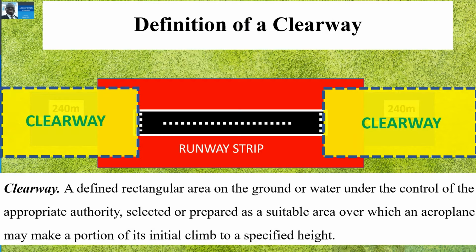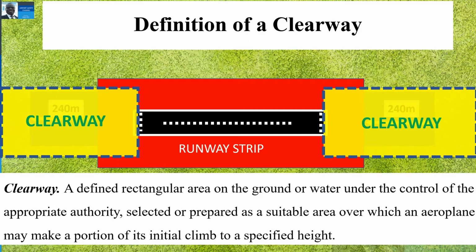So the definition of a clearway is a rectangular area on the ground or water under the control of the appropriate authority, selected or prepared as a suitable area over which an aeroplane may make a portion of its initial climb to a specified height. That is an area, as you can see on your screen, that has been clearly defined on the ground.